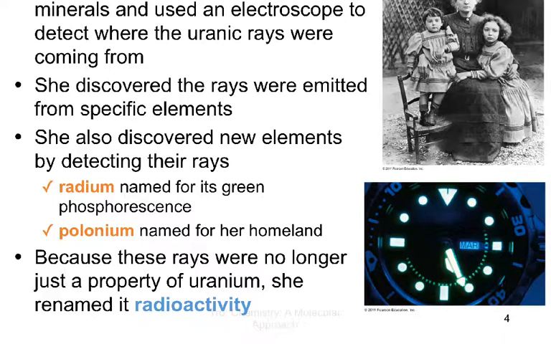Radium was named for its green phosphorescence. Polonium she named for her homeland. She was Polish. And because these rays were no longer just from uranium, but from other elements as well, it was renamed radioactivity. So here you can see the phosphorescent radium on a watch dial.